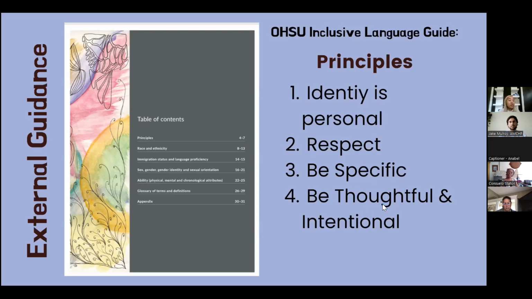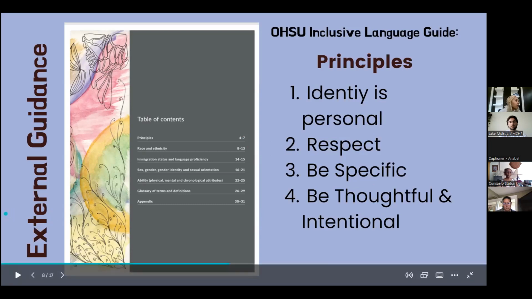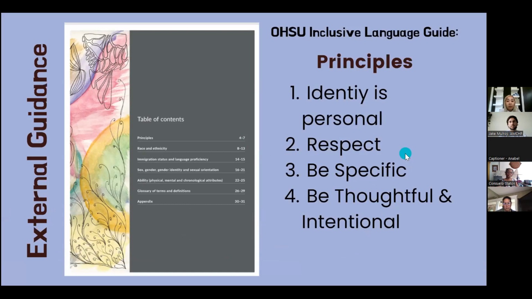So I know this is very high level in the principle, but I believe on page 4 of the Inclusive Language Guide, they go into detail of the different principles. The entire document is amazing. And so I'd love to encourage you all again to take a deeper look into that as an external guidance.